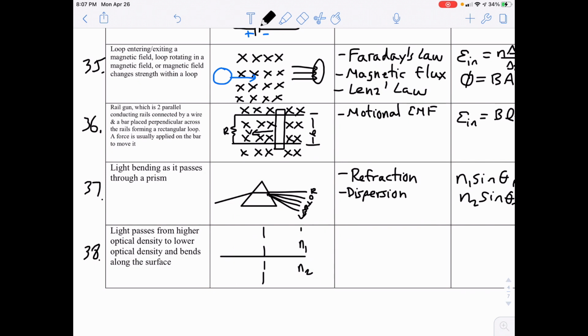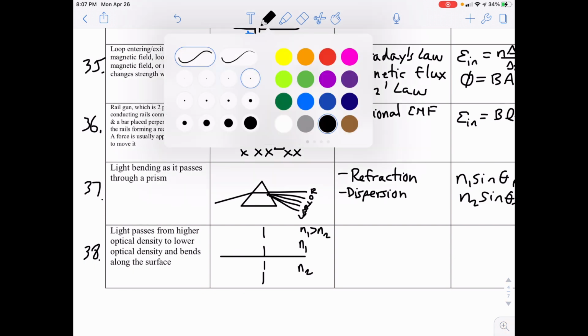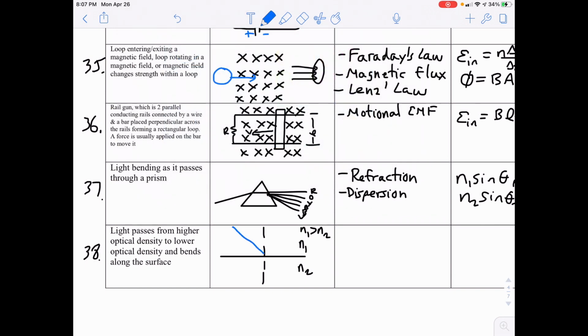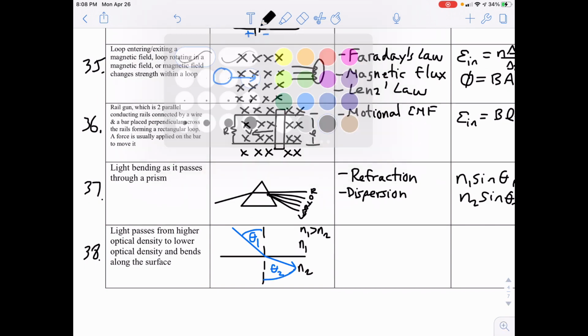And in this case, n1 is greater than n2, according to this scenario. Now, if that's true, then light is going to meet the surface at this point right here. This is our angle of incidence, and it's going to refract far from that normal. This is, of course, a Snell's law or a refraction problem.